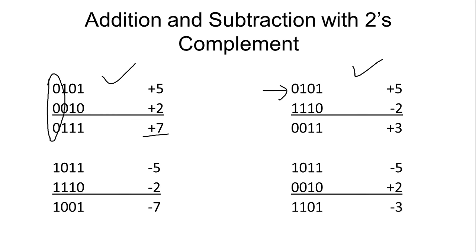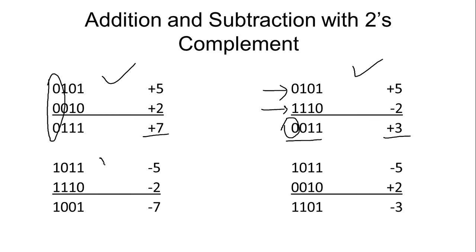It is not a signed number, it is positive with a 0 at its most significant bit. -2 is the representation after taking 2's complement. If we add them, the answer is +3, and the most significant bit is 0, meaning the answer is positive.